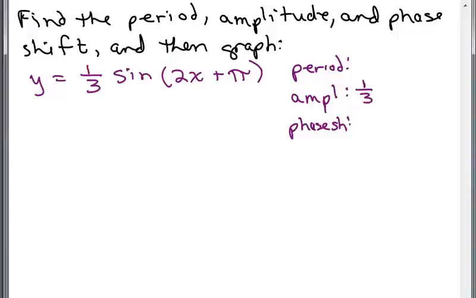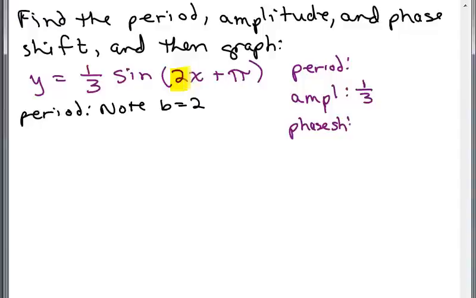All right, now what about the period and the phase shift? Okay, the period you can always get by taking the coefficient of x, and that is your b. Okay, so to get the period, note b equals 2 because that comes from right here.